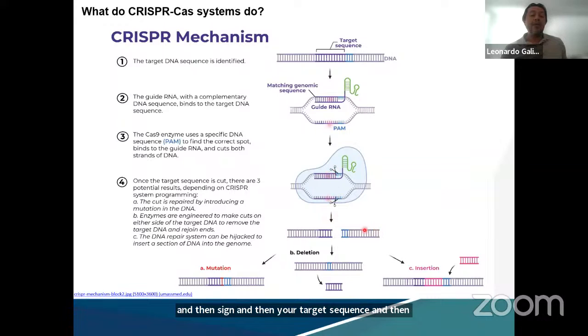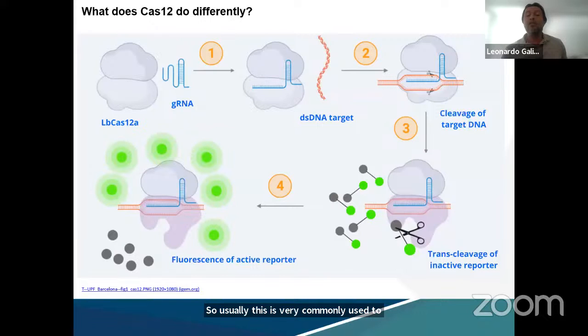And after this happens, the host repair mechanisms will try to repair that cut section, but this mechanism is error prone. So every time the host tries to repair it, it introduces a mutation. So usually this is very commonly used to produce mutations in genes where you want to corroborate that there's a specific function.